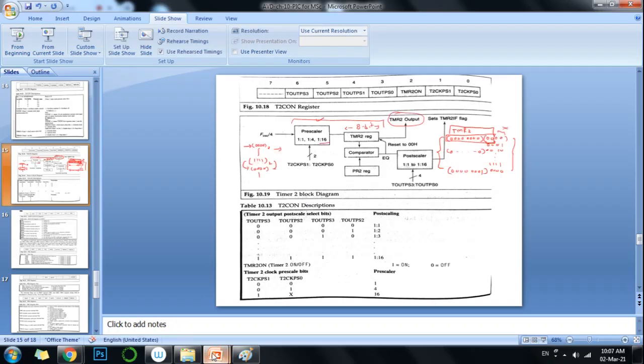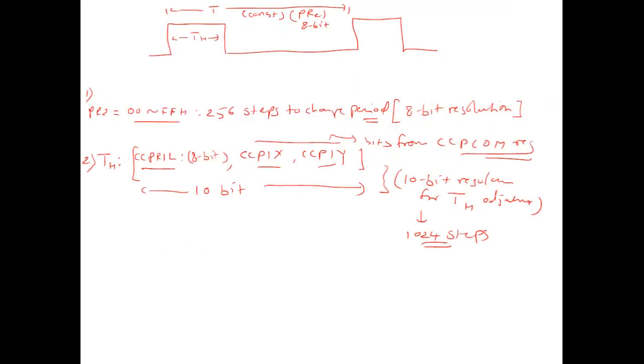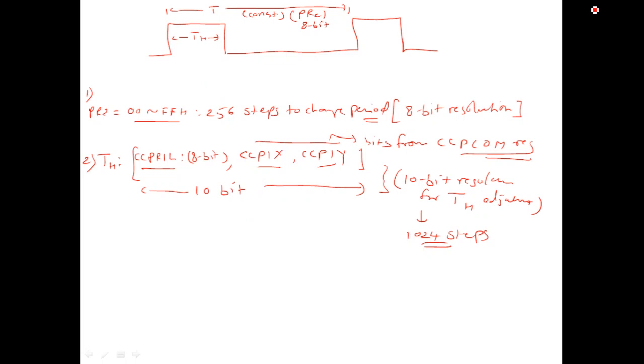Okay, so let's go ahead. So that's how you have seen the 10-bit resolution. The final advantage of this whole scheme is that now we have a 10-bit resolution for adjustment of the duty cycle.